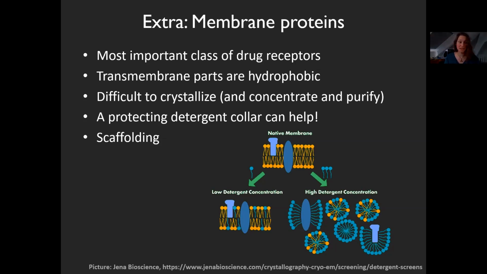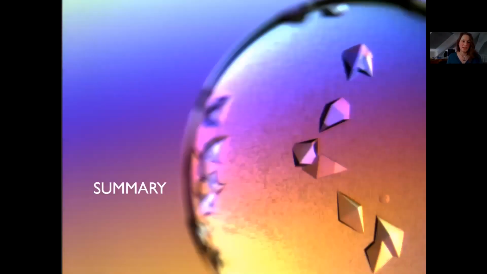A protecting detergent collar can help. So you add some detergent, and that detergent, as shown in this picture, forms very nice micelles around the protein. They can even do something which is called liquid cubic phase, which makes a whole scaffold around that makes the membrane protein orderly.